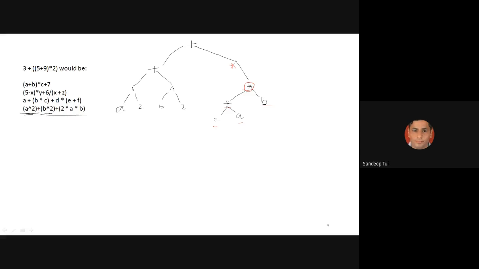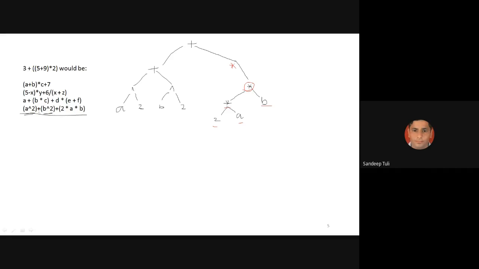Obviously common ही है ना? Suppose you are dealing with a mathematical expression. 5 to the power 2 plus 10 to the power 2 plus 2 into 5 into 10. So we are solving it separately. We are not merging them. Yes or no? Yes, sir.